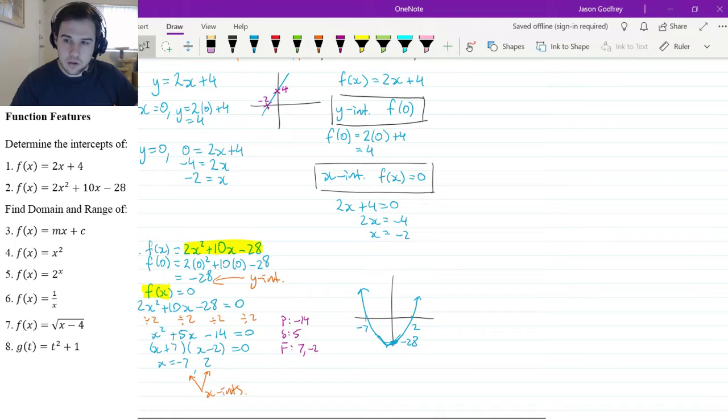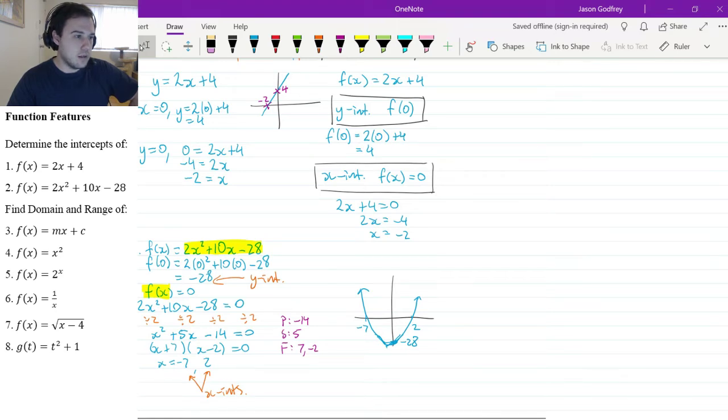So if you look up here at the straight line, is there any restriction on what x value you can put into this equation? Well, you can put any x value you want, right? You can put x equals 0, 1, 2, 3, a billion, negative 17.5, right? You can put any x value you want into this equation.